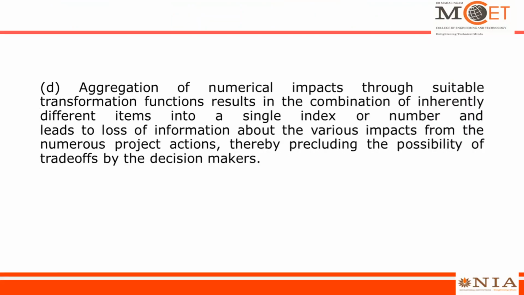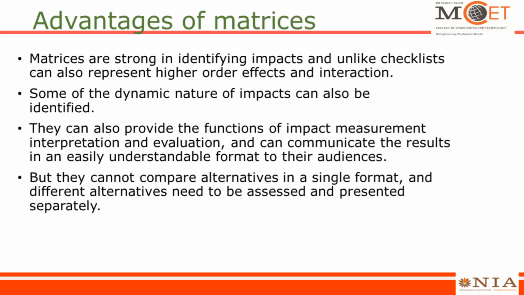Aggregation of numerical impacts through suitable transformation functions results in the combination of inherently different items into a single index or number, and hence leads to loss of information about the various impacts from the numerous project actions, thereby precluding the possibility of trade-offs by decision makers. So, just like on the previous slide, everything is converted into a single index or number, which leads to loss of information about what the actual impact is, and hence it is very difficult for decision makers to make a decision.